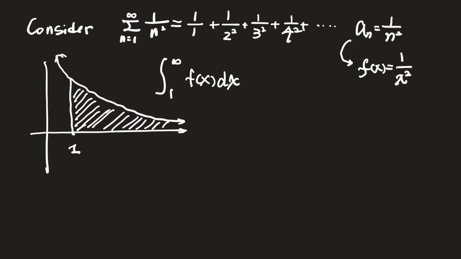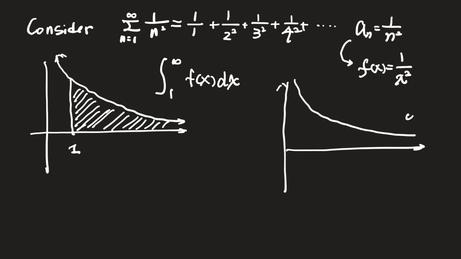Now I'm going to sketch another graph right here. y equals 1 over x squared. Here is 1. I'm going to make the first rectangle. Here is 2. I'm going to make a second rectangle below the curve. Here is 3.